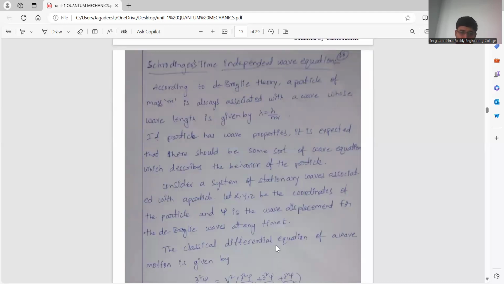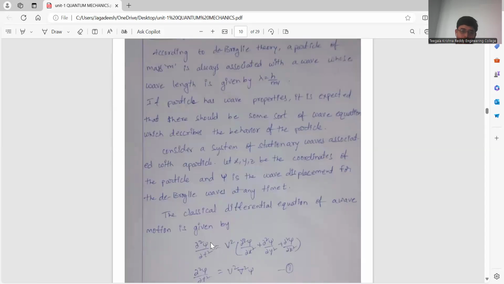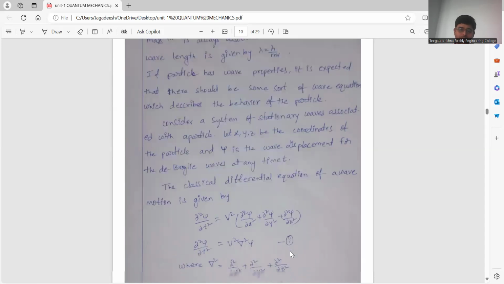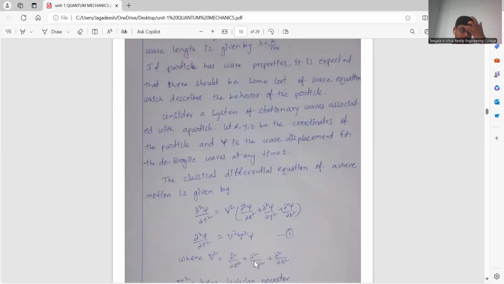The classical differential equation of the wave motion is given by dou square psi by dou t square equal to v square into dou square psi by dou x square plus dou square psi by dou y square plus dou square psi by dou z square. That is, dou square psi by dou t square equal to v square del square psi.